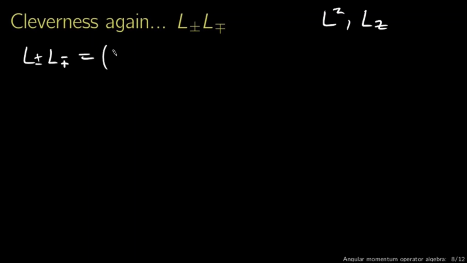L plus minus, L minus plus, as a combination of operators. I can express both of these in terms of Lx and Ly: Lx plus or minus i Ly, and Lx minus or plus i Ly. Simply, minus and plus, plus and minus. If I expand this out, I've got an Lx and an Lx, so I'm going to have an Lx squared.